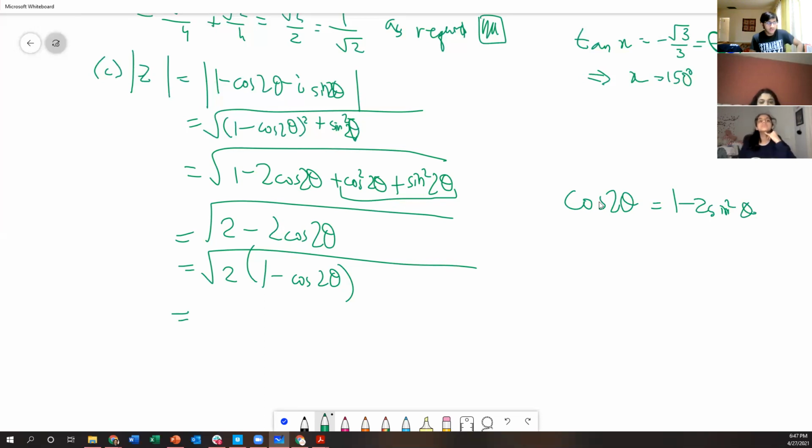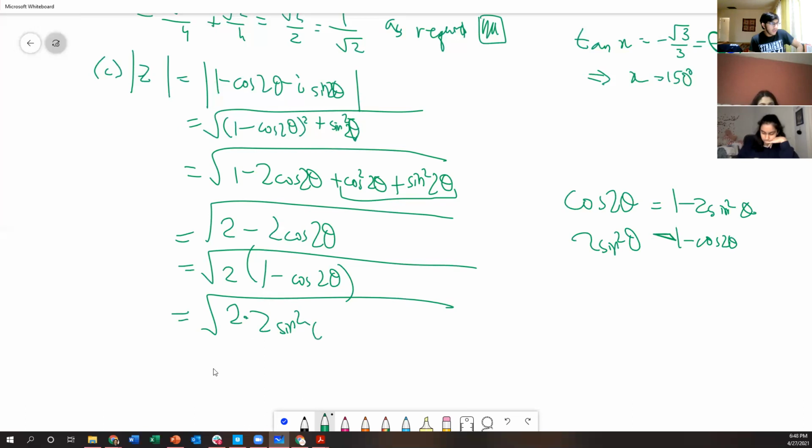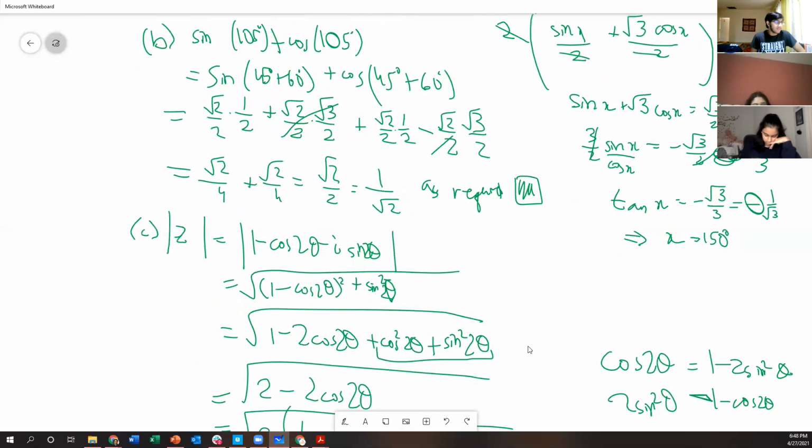So if I move cos 2 theta to this side, I know that this is going to equal 2 sine squared theta on this side, right? So now I'm going to get the square root of 2 times 2 sine squared theta. And now this is none other than 2 sine theta. That's the modulus of z. Make sense? Okay. All right. Now they want us to find the argument of z.